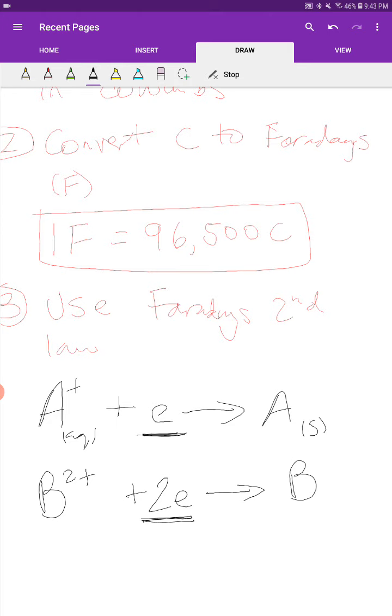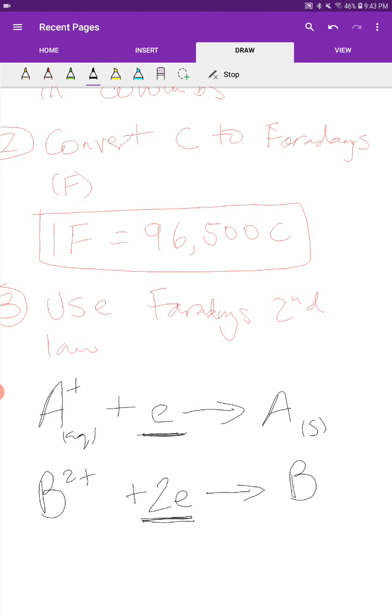So I'm paraphrasing. This is how I always explain it to my students. Because the wording of the second law is kind of funny, you can look at it in your handout. When you look at the number of moles of electrons in your half equation, you can replace that with Faradays.